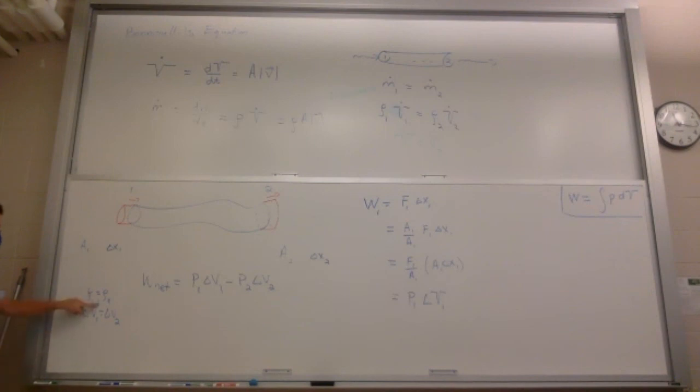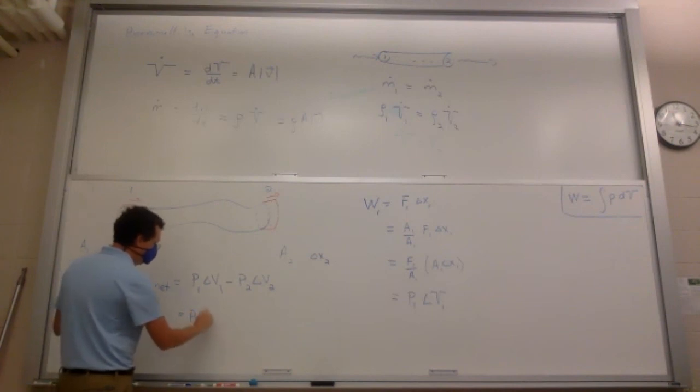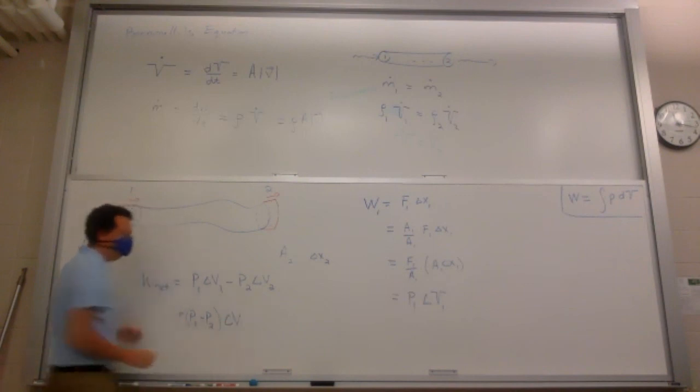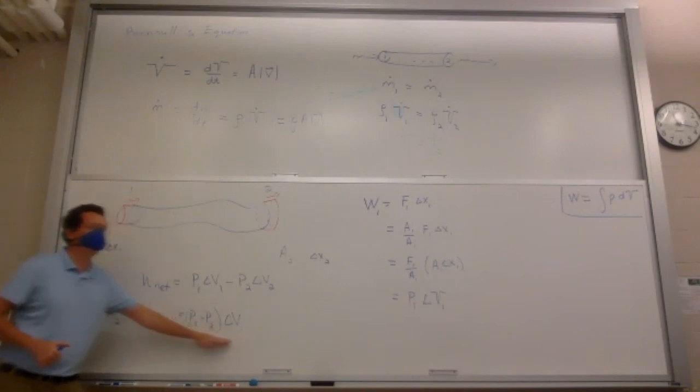Constant density implies these are the same, so I can write this as P1 minus P2 times, and I'm just going to call it delta V. If all the changes of volume are the same, no point labeling them 1 or 2, they're just all the same. That's the work.